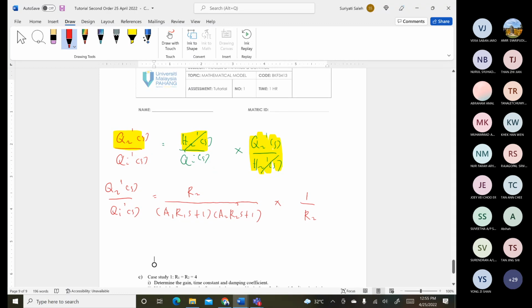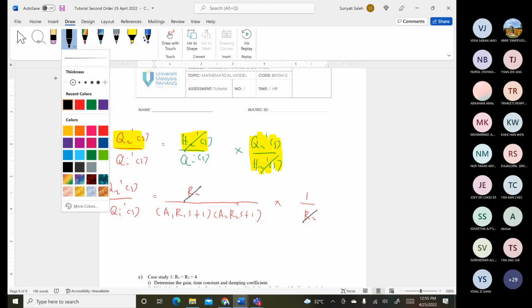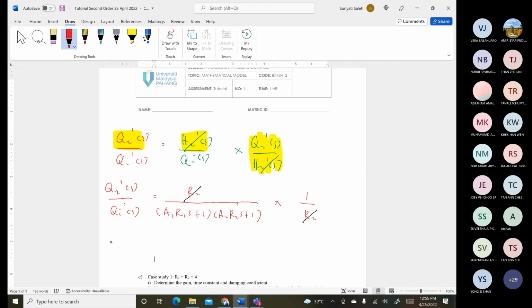So in this equation, it looks like the resistance can be further eliminated. You can eliminate R2 with this R2. So that means in the end, the equation can be further simplified.